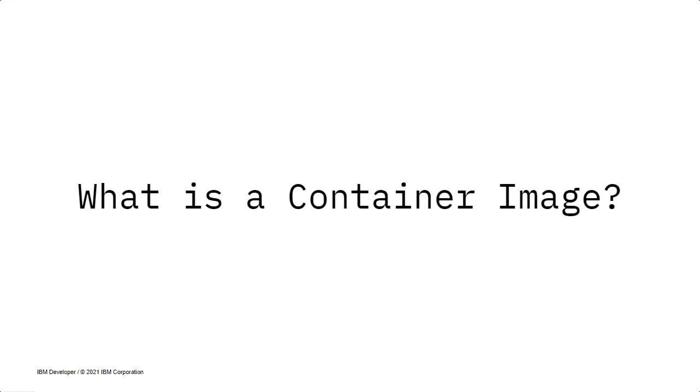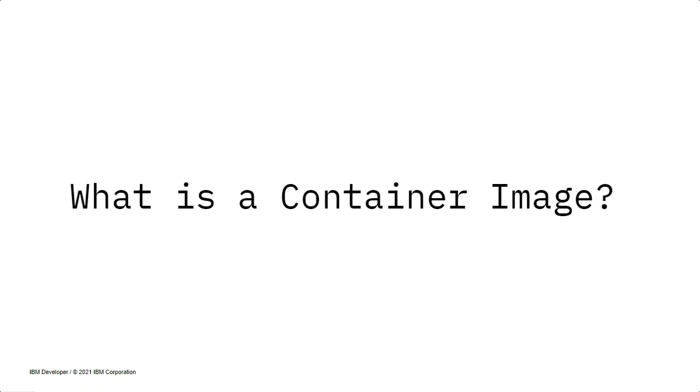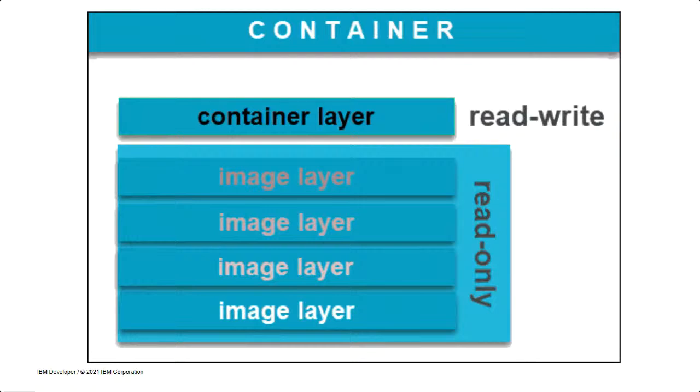Now, we talked about what is a container. With a container, you're going to need a container image. So what is a container image? A container image looks like this: it consists of layers. These image layers are read-only, and usually they are the older ones, which you cannot edit.